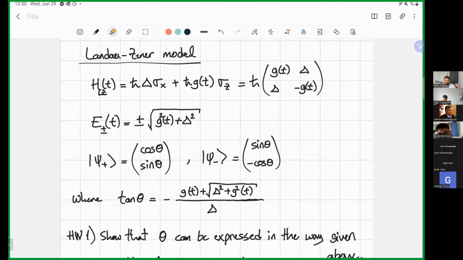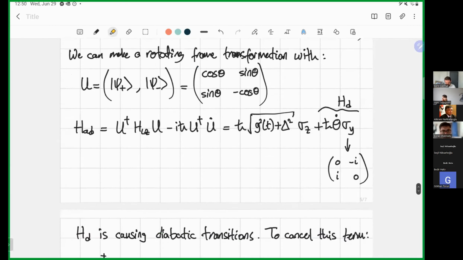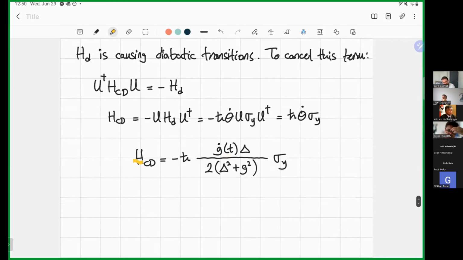So in order to prevent excitations between energy eigenstates, you need to apply a third field, an external third field in the y direction, that is directly proportional with how fast you are changing the field. So this is the field magnitude, and it's inversely proportional with the gap. Okay, this is again what we expect.